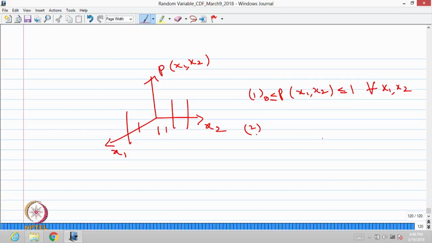The second condition, if you make a double summation of probability mass function at the different x1, x2, that is going to be 1. That means if you add all the heights over the x1 x2 plane, that addition is going to be 1. That means wherever there is a mass, it is greater than 0. If you add all the masses, that is going to be 1.